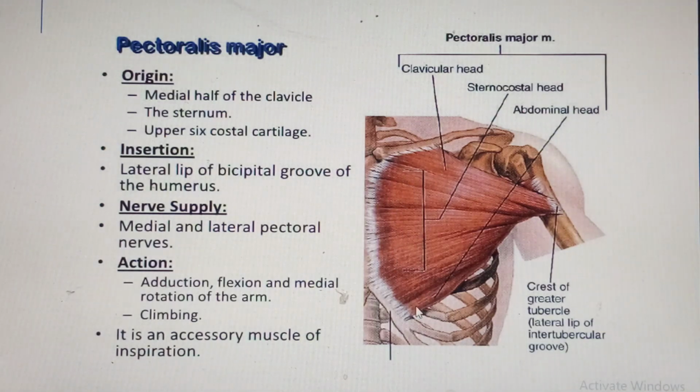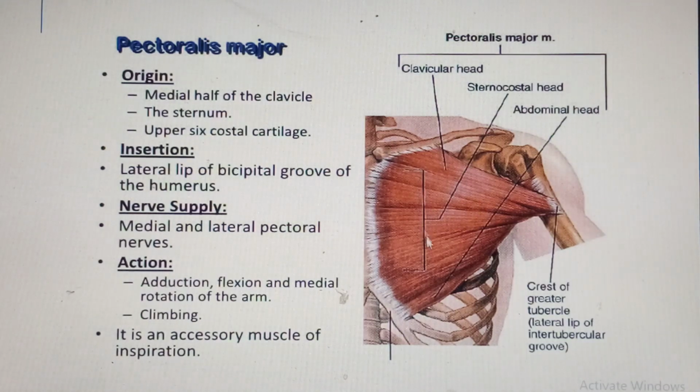And then if coming from the external oblique aponeurosis, there will be what we call the abdominal head. But at the end of the day, all of them will spiral to come and insert on the lateral lip of the intertubercular sulcus. This muscle, forming the bed of the breast, is the pectoralis major muscle.